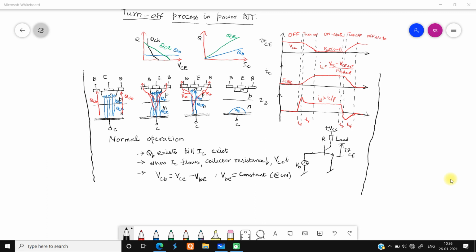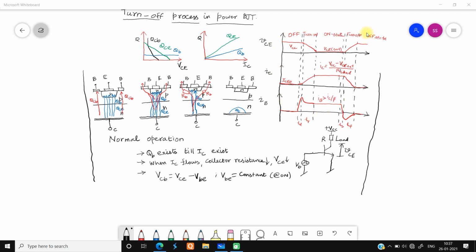But in Power BJT, since the charges stored inside the device have 2 to 3 layers to be crossed, the turn off process is going to be complex in case of Power BJT. So in this slide, we have many characteristics drawn.